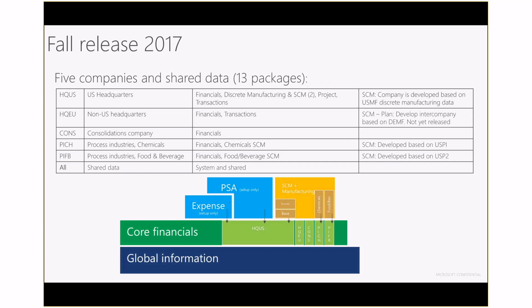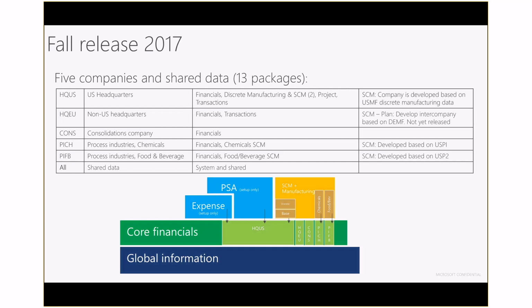The next two are process industry companies, one for chemicals and one for food and beverage. The financials are identical to HQUS, with a couple of minor differences, and in this next release we're going to make them fully identical. Overall, PICH and PIFB are almost identical to HQUS financials.